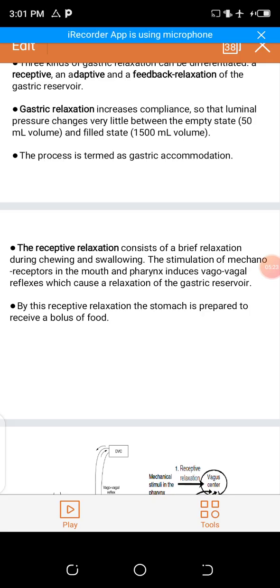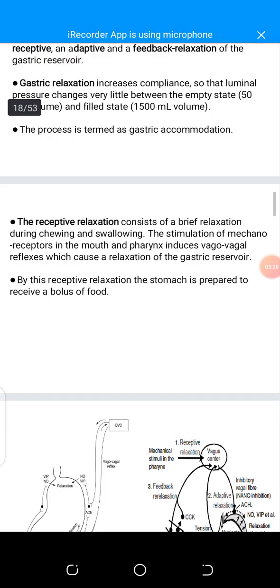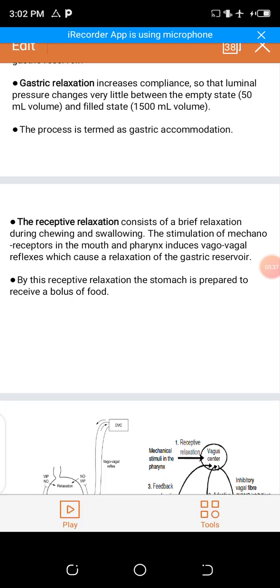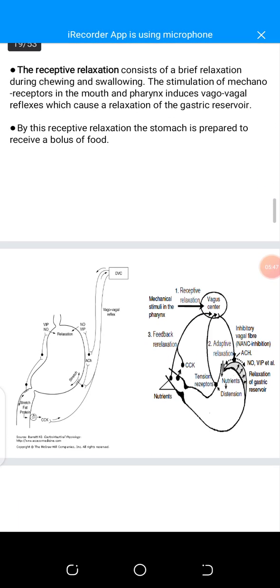This vagovagal reflex causes relaxation of the gastric reservoir, thereby preparing the stomach to accommodate the food that will eventually enter into it after it has undergone chewing and swallowing.